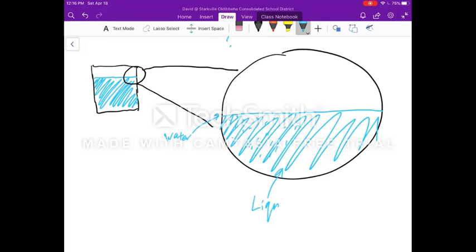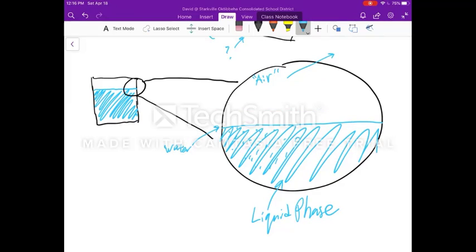This is the liquid phase. And then we have what we call air, and that's actually comprised of nitrogen, oxygen, CO2, and water vapor. These gases are in their gas phase.